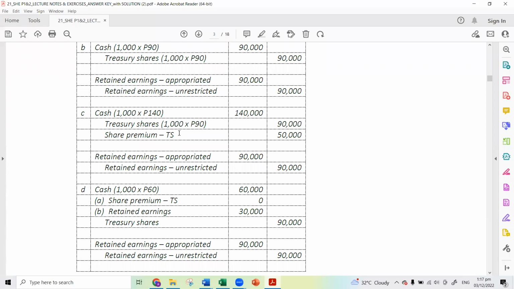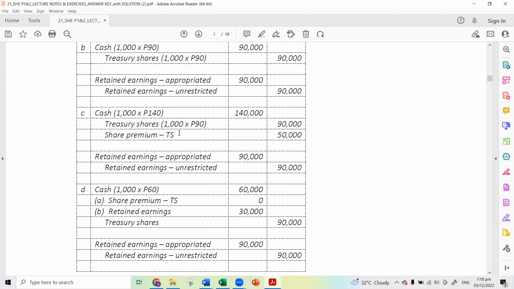Okay? And these form part of the total share premium. Again, when the treasury shares are reissued at more than the acquisition cost, the excess is credited to share premium treasury shares, and this will form part of the entity's total share premium.